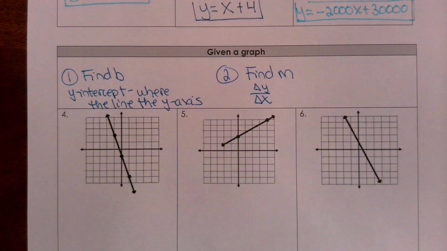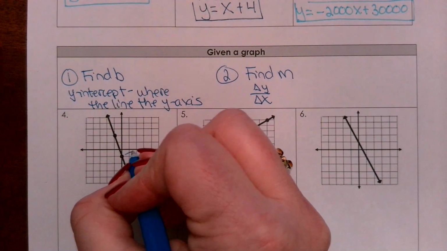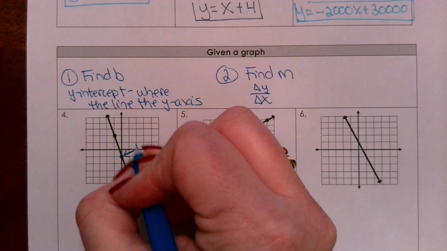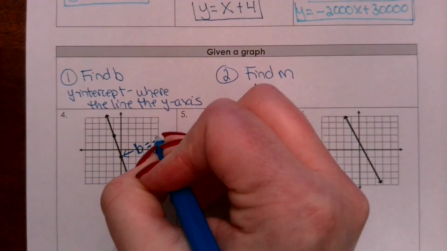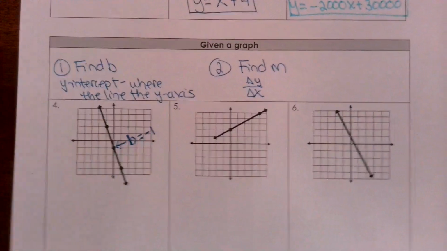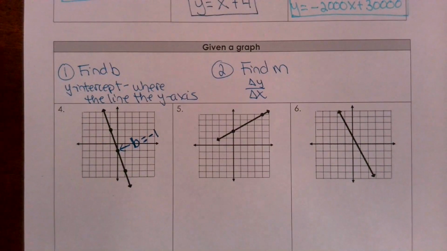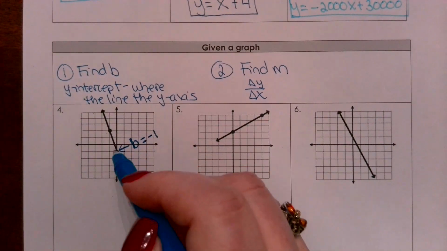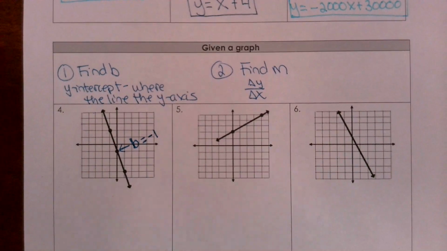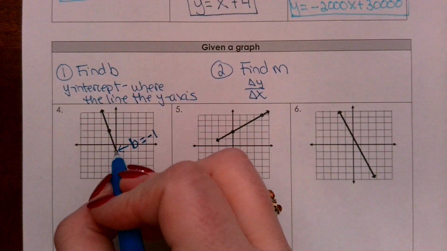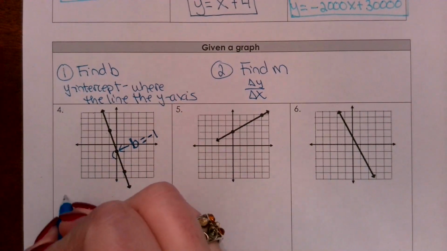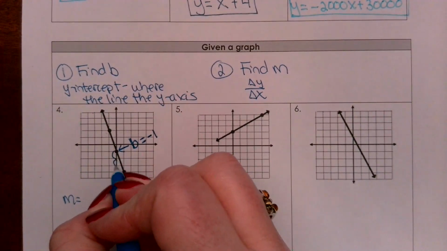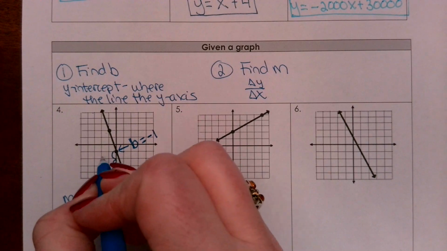If I look here at number 4, I'm looking for b first, and I see that here's where I'm crossing the y-axis. So b equals negative 1. Now I'm going to think about my slope, and I could go from this point to this point, or this point to this point, or even that point to that point. I'm going to go from here. I'll start at the b. And it looks like I'm going down. So slope equals down 1, 2, 3.